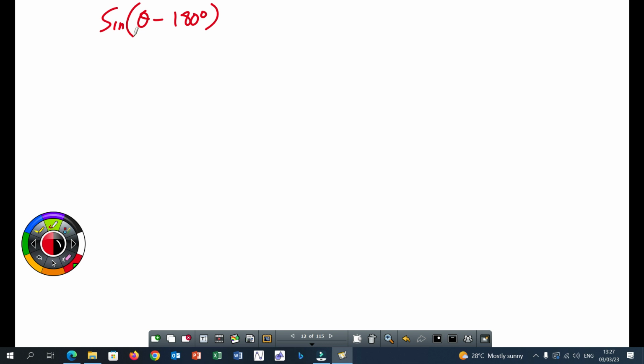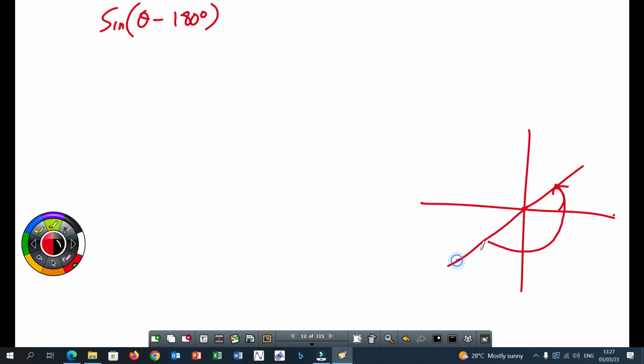So if you move 180 degrees clockwise from where theta is, this is theta, if you move in this direction here, you get to what? Third quadrant. And in the third quadrant, sine is negative. That's by visualization.